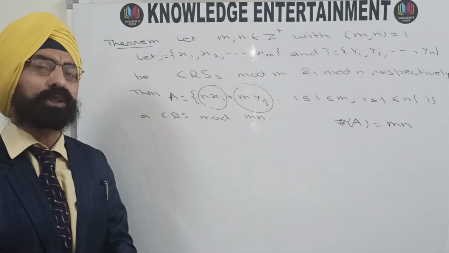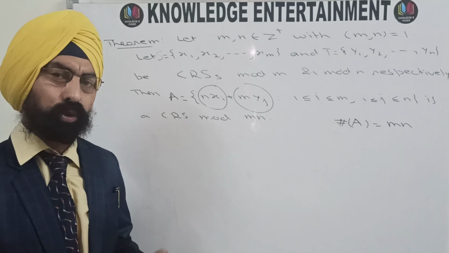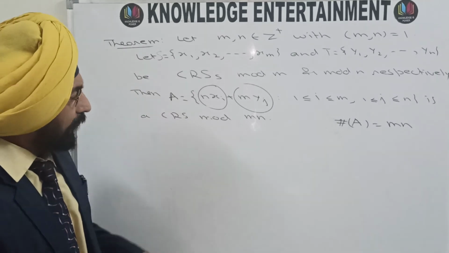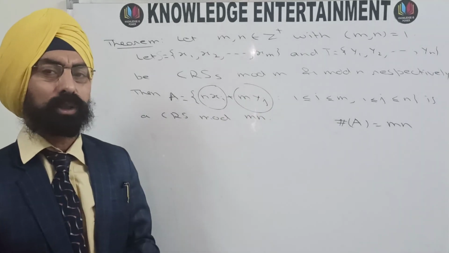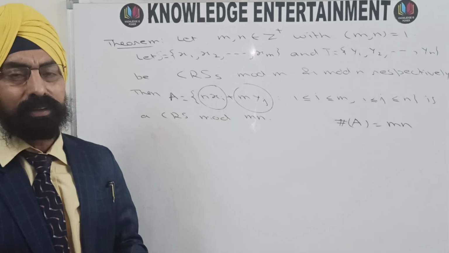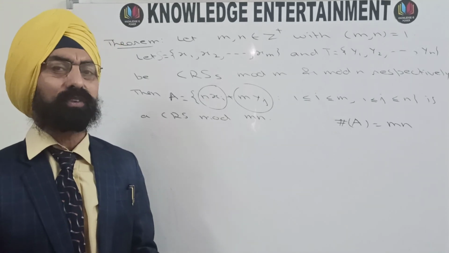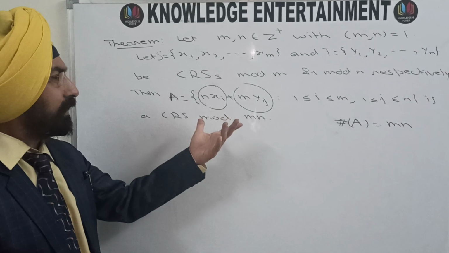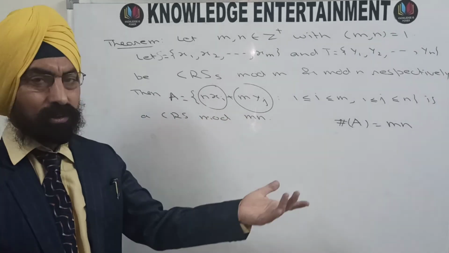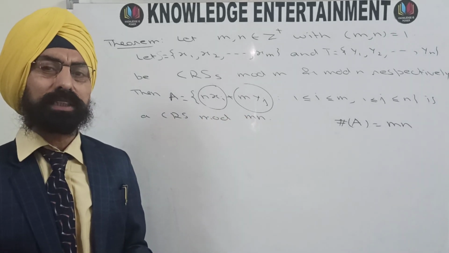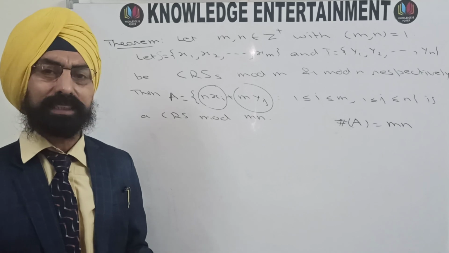What is left to prove is that no two members of this set are congruent to each other modulo mn. And this again we will prove by way of contradiction. First we will suppose that there are two members which are congruent to each other modulo mn, and then we will arrive at some contradiction.